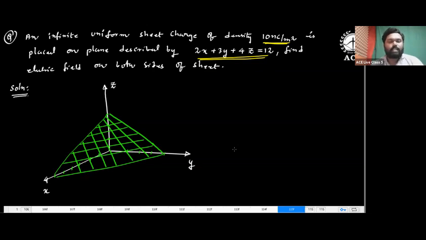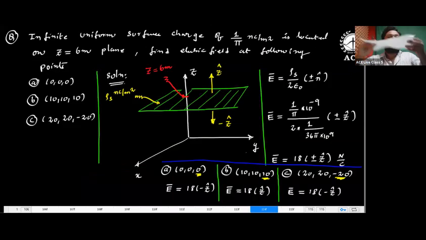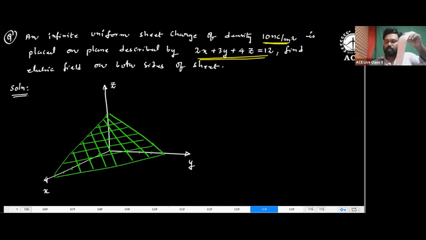That is how the infinite sheet is placed. It is placed with some inclination. Let me show you. In the earlier problem, the sheet was placed like this, parallel to the XY plane. But here it is something tilted like this.